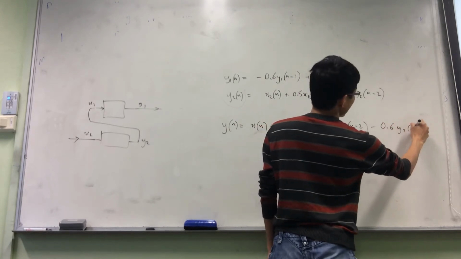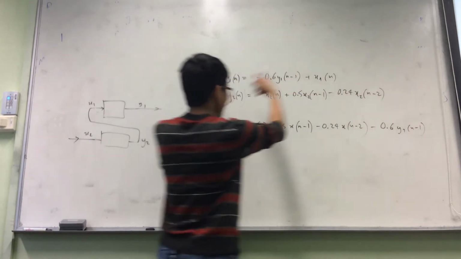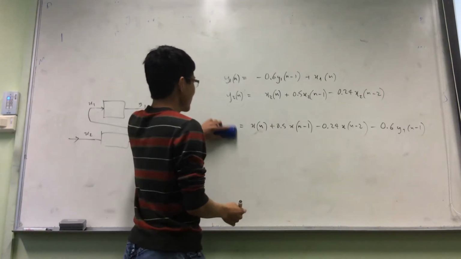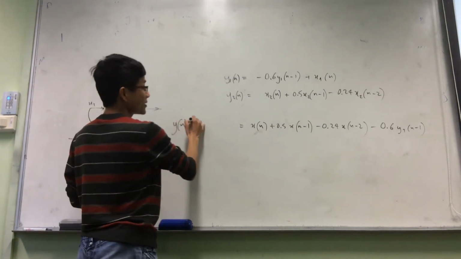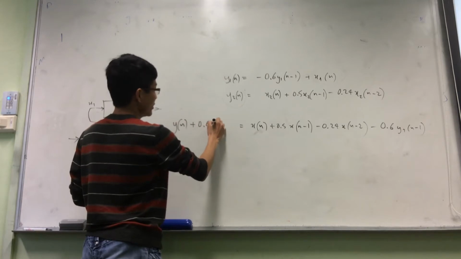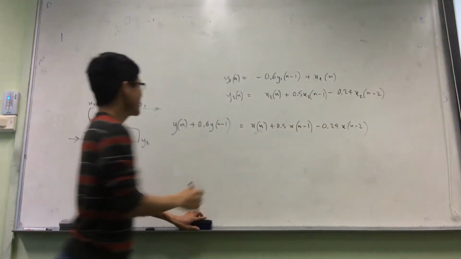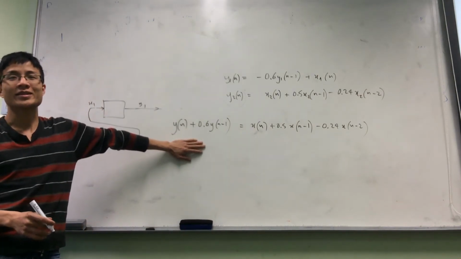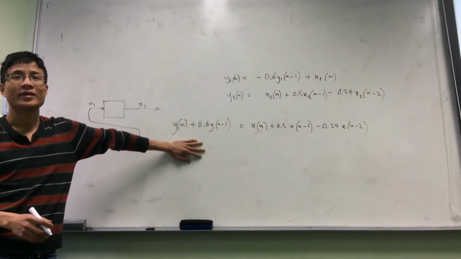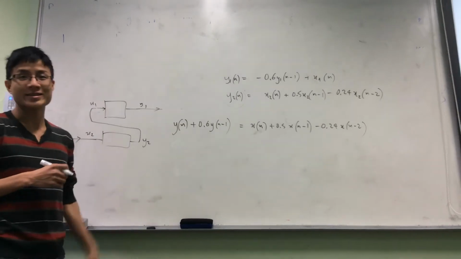Or we can put this on the other side to make it look like plus 0.6 y[n-1]. Here we go. This one is a difference equation, similar to what we have done before. Easy stuff.